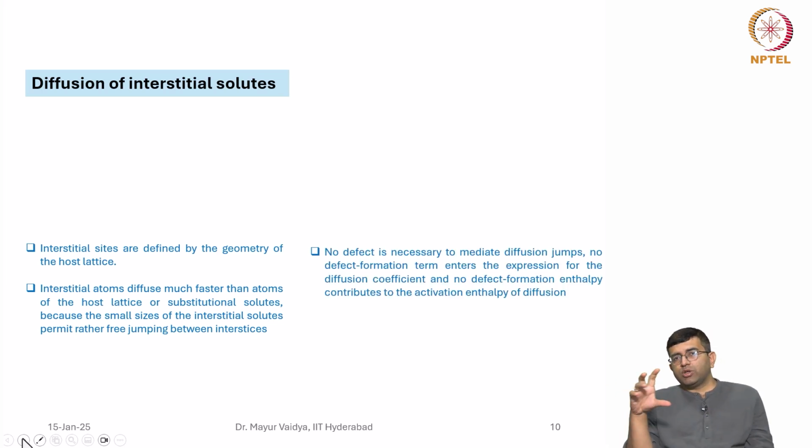And because no defect is necessary to mediate these jumps, no defect formation term enters the expression for the diffusion coefficient, and no defect formation enthalpy contributes to the overall enthalpy of diffusion, and that is why the enthalpy is lower, and these atoms are able to move fast.